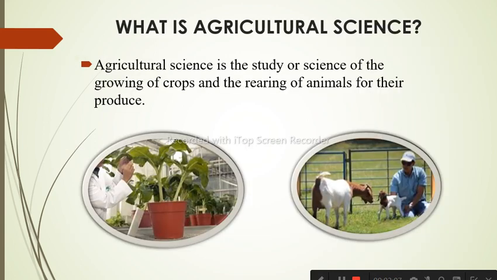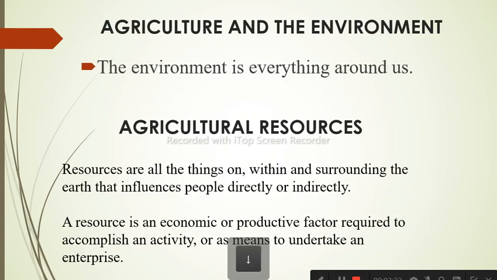So now, what is agricultural science? Agricultural science is the study or the science of the growing of crops and the rearing of animals for their products and their byproducts. We cannot have agriculture without the environment, and so the environment is everything around us, where we plant our crops, where we grow our animals. We also need resources.